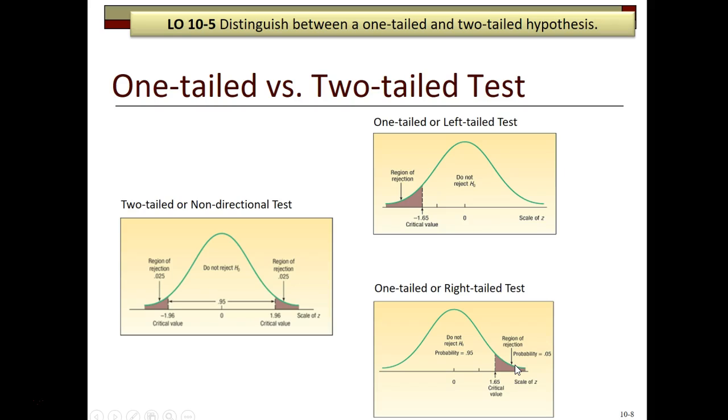For example, the packaging department at General Foods Corporation is concerned that some boxes of Grape-Nuts are significantly overweight. So now they're looking at something that's overweight, something that's greater than what it should be, right? Something greater than. So they're looking down here. This is a one-tail test.